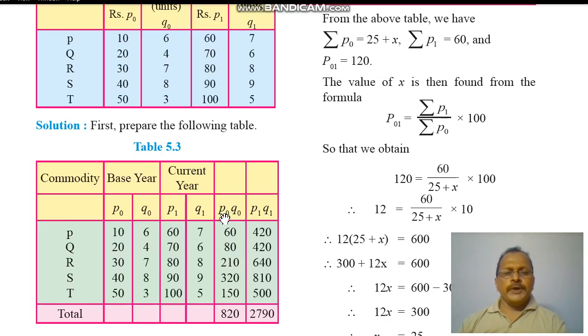In this column P0 into Q0, we are going to take the product of P0 and Q0. The first commodity P, its base year price, base year quantity, 10 into 6 is written here.